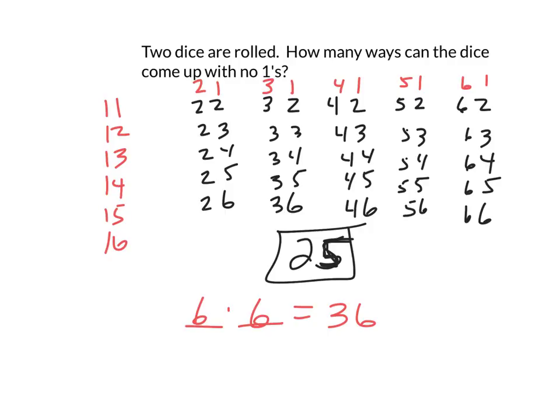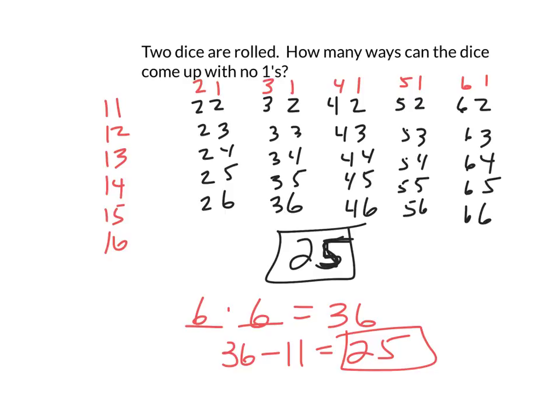So do you see that there's 11 ways I can get a 1? So how many ways could I not get a 1? The 36 total minus the 11 ways that I could get a 1 leaves me 25 ways that I wouldn't get a 1.